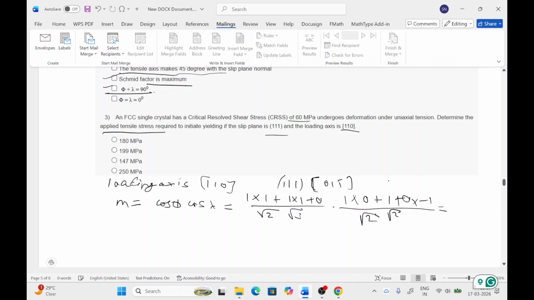So this will be 2 by root 6 into 1 by 2, which is 1 by root 6. So the applied stress will be tau by m, and this will be 60 divided by 1 by root 6. It's 60 root 6, so the answer will be 147 MPa. So that option is correct.